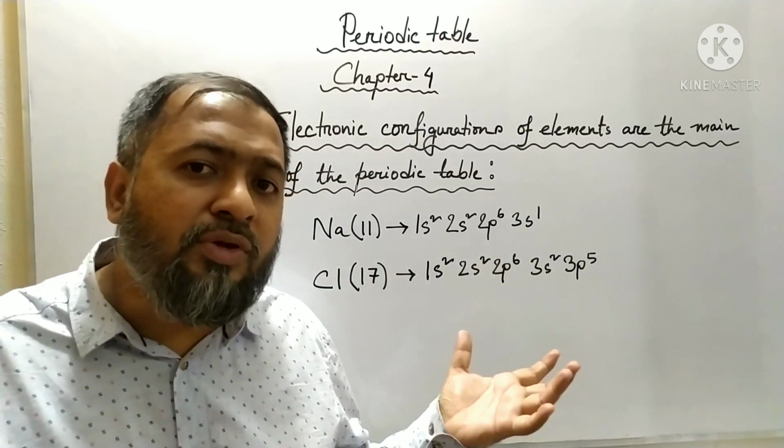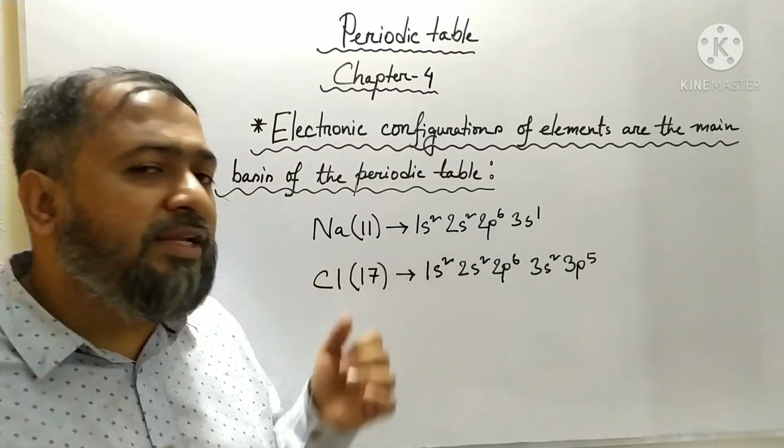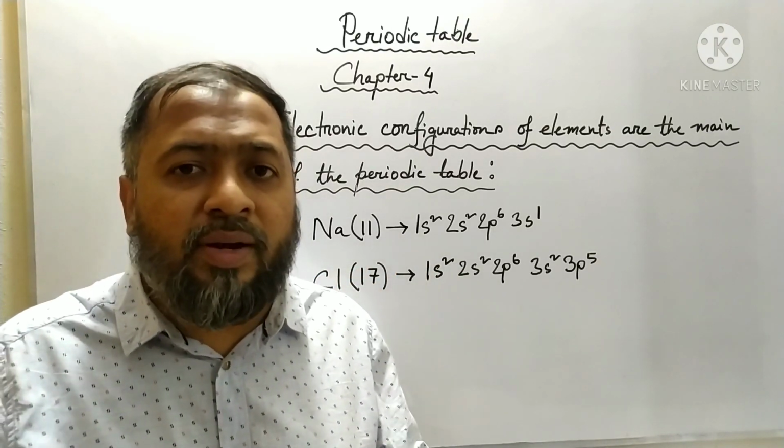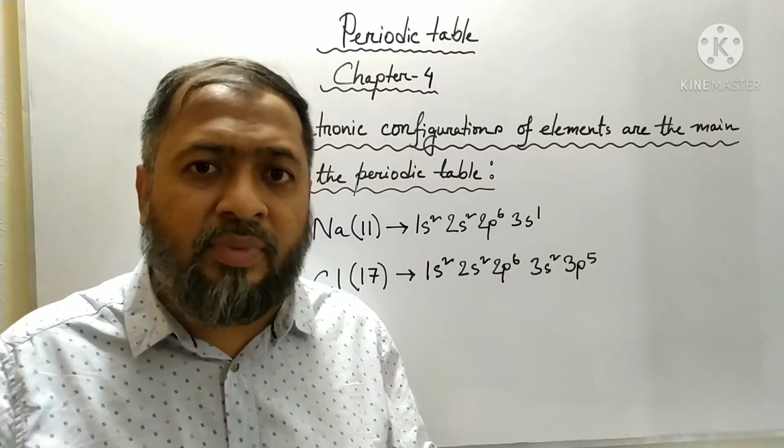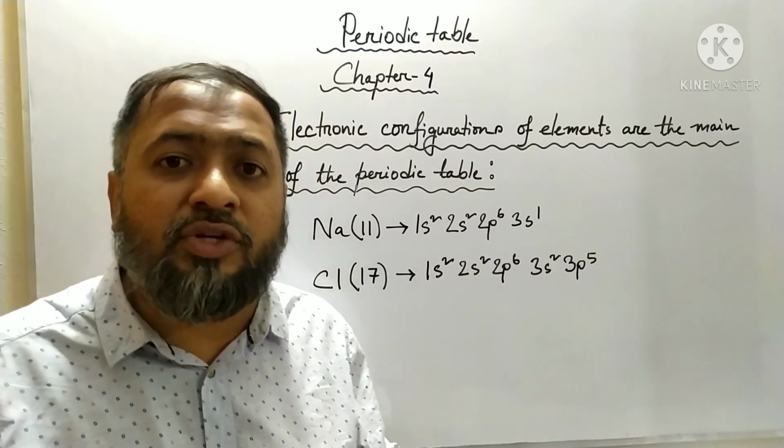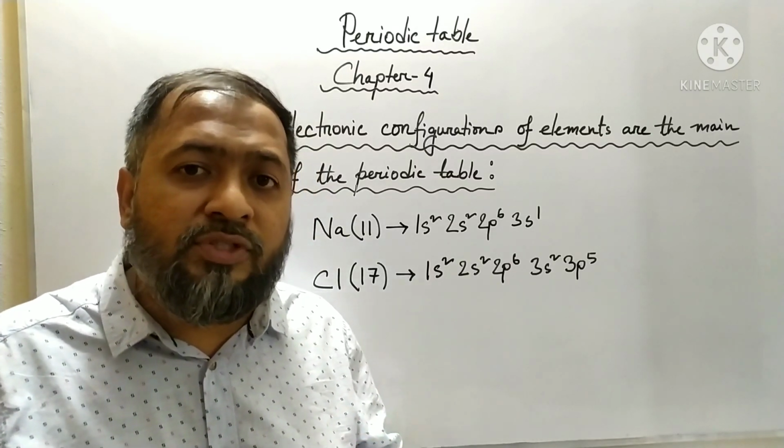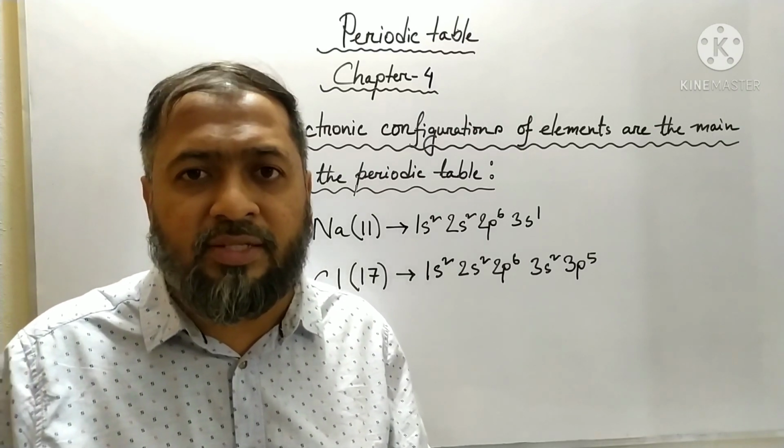So from the electronic configuration, we can easily find out the chemical properties of sodium and chlorine, and also we can find out their exact position in the periodic table.